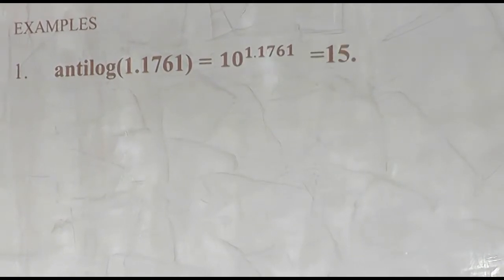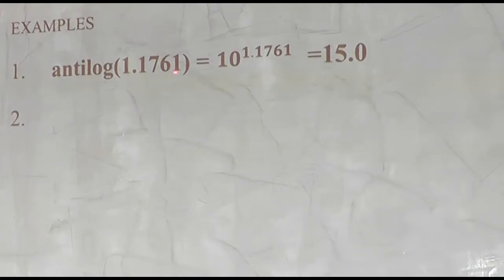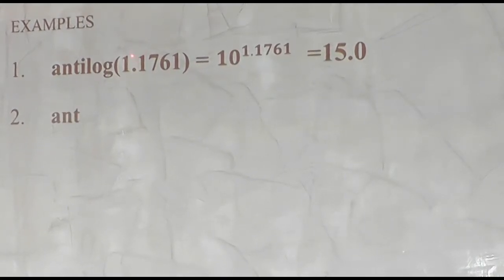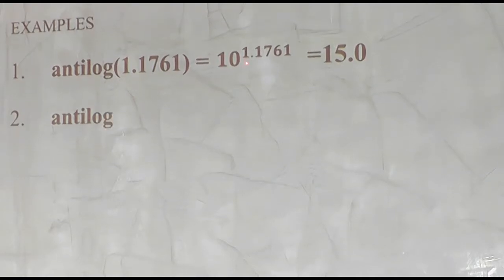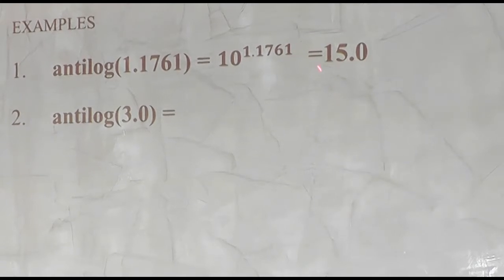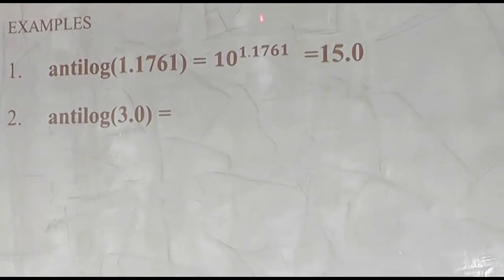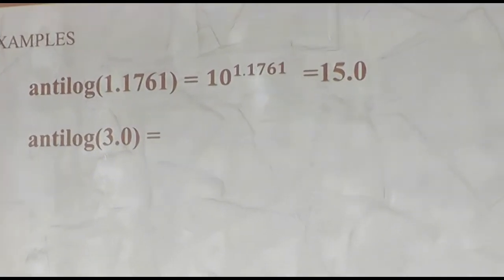We are to find the antilog of 1.1761. Now we are to find the number of times that 10 will be raised to have this. How many times has 10 been raised to get this?